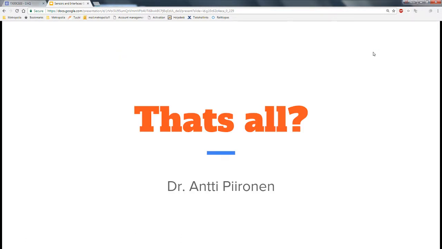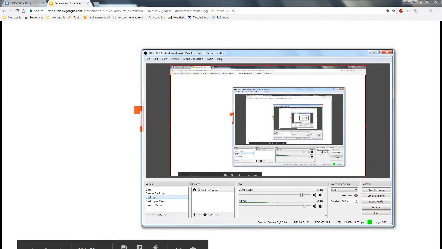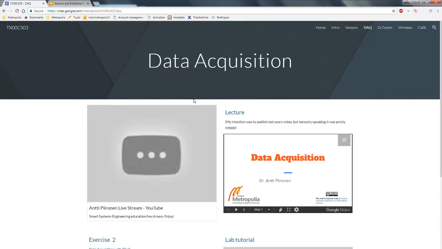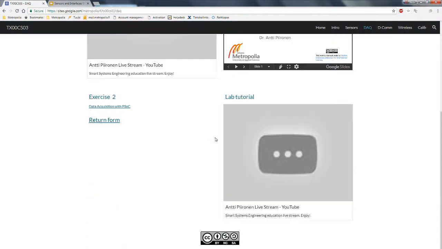That's all for the signal conditioning for today. Now we have a short break, and then we'll continue on today's exercise. Let's see, what is today's exercise? Data acquisition on PSOC.